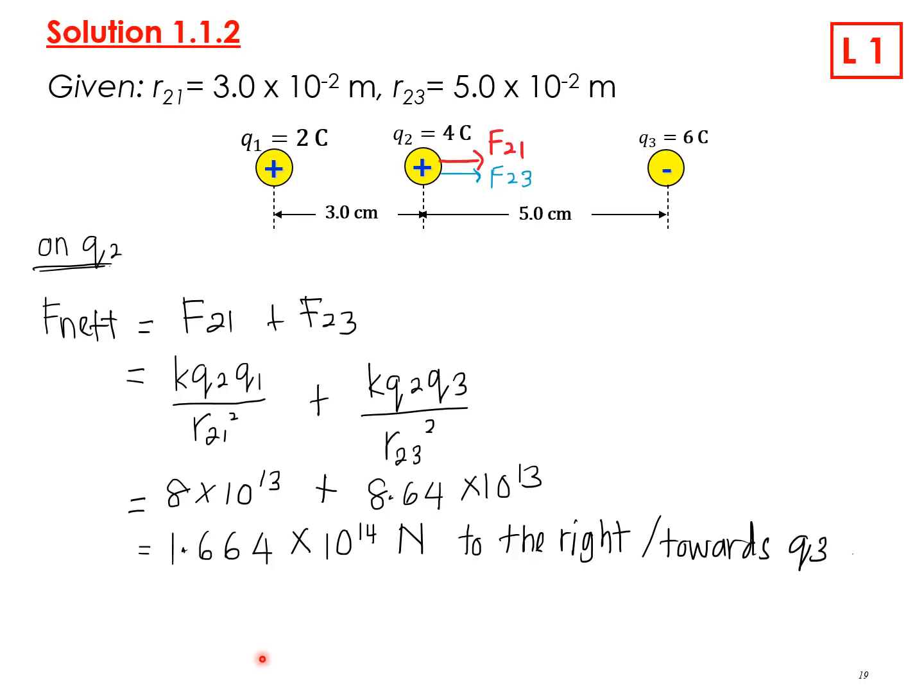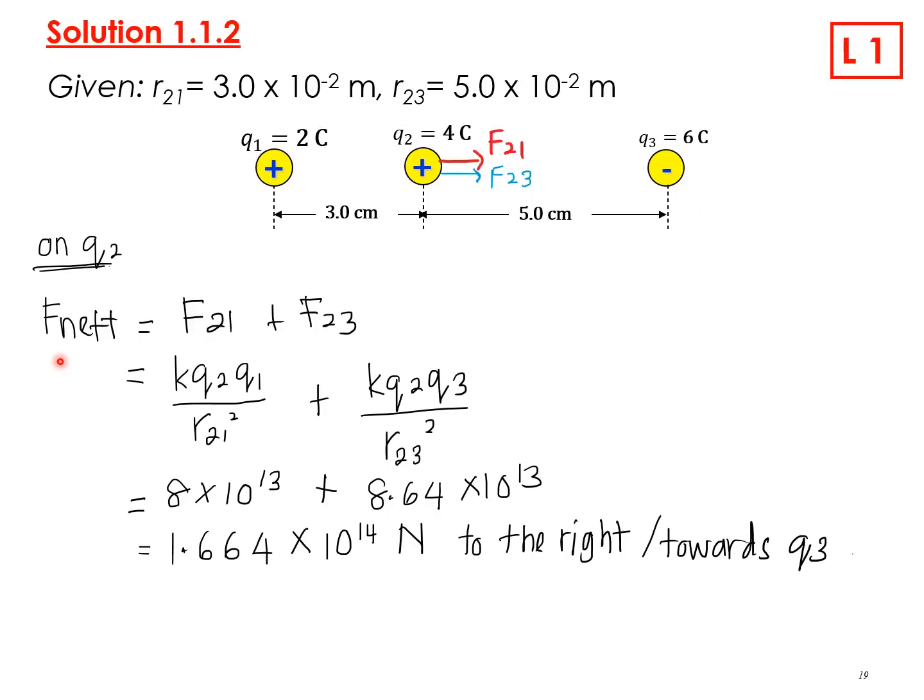Okay, so we identify the direction of the electrostatic force acting on Q2 due to Q1, and also the electrostatic force acting on Q2 due to Q3. This is the direction.